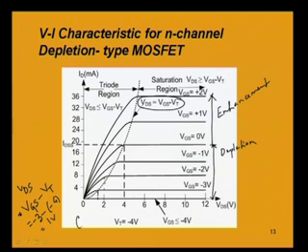And this is the cutoff region, when current is 0, and that is when VGS is equal to minus 4 volt, the threshold voltage VT. So, this plot is explaining the phenomena of depletion and enhancement occurring in the depletion type MOSFET.